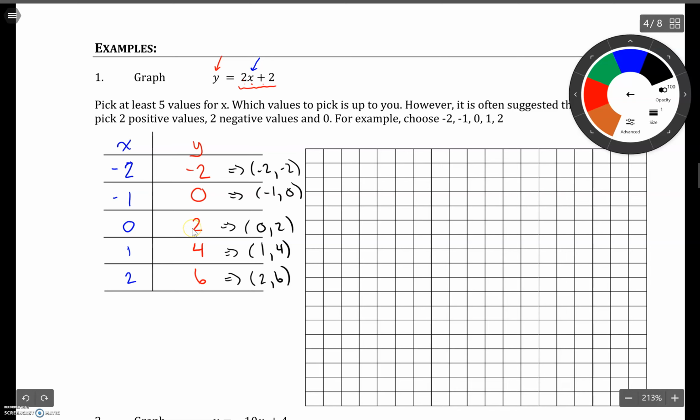Okay, the next step in graphing is going to be to label my x and y axes. I consider the range of x values I need to go from and to. So I'm going from -2 to +2, and then I consider the range that my y-axis has to go from, -2 to 6, and I'll set up my axes in such a way that I'm going to be able to optimize my space.